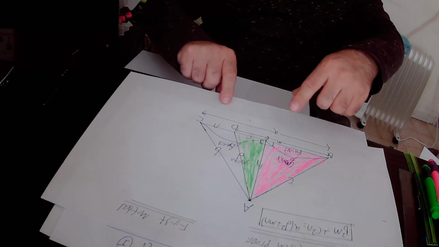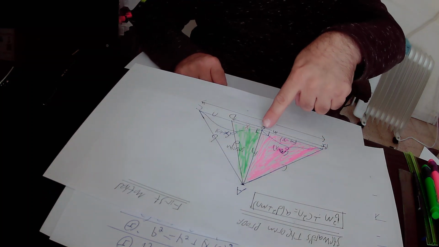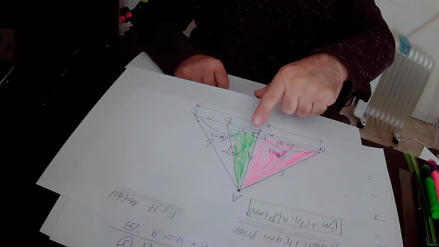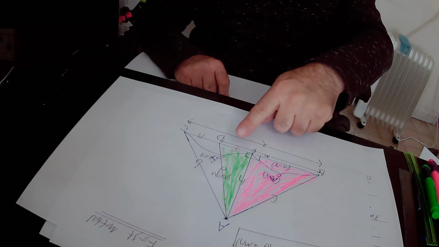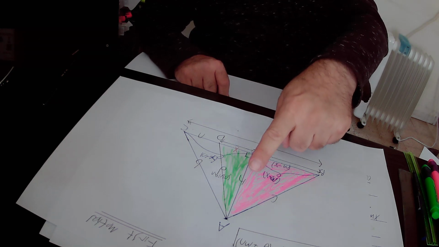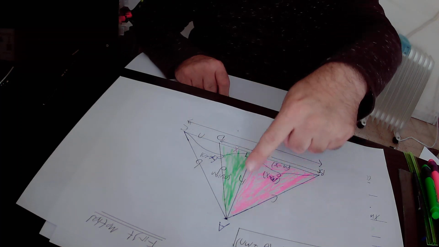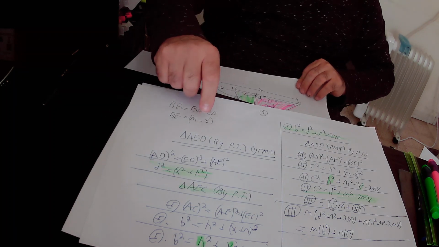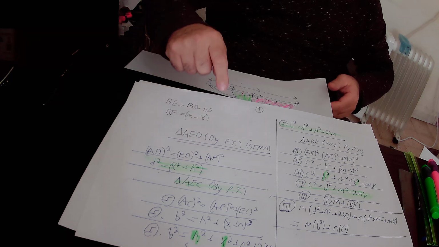We actually focused on the big right triangle, triangle AEC. We implemented the Pythagoras theorem on it. According to the Pythagoras theorem, AC square equals AE square plus EC square.